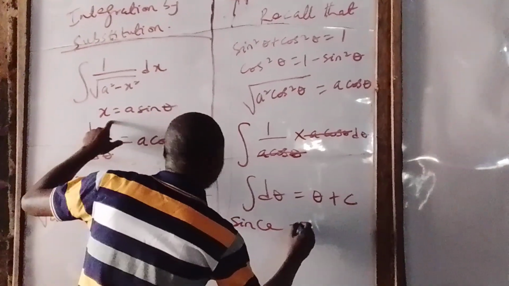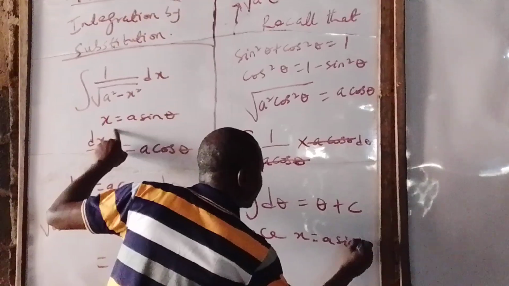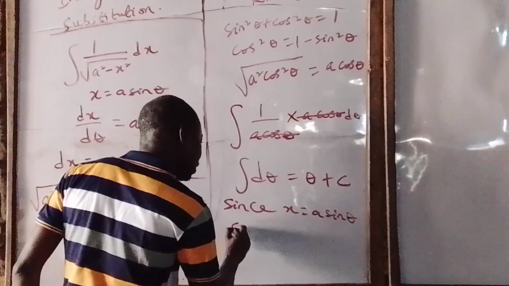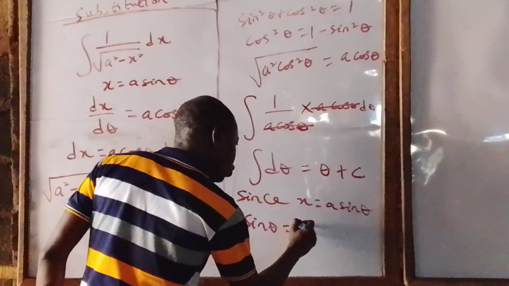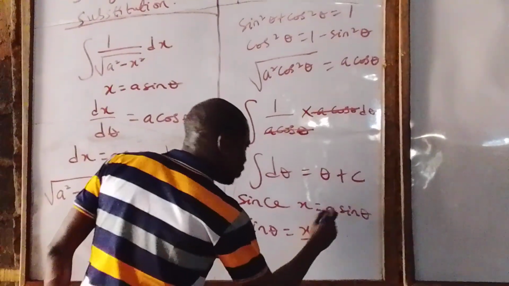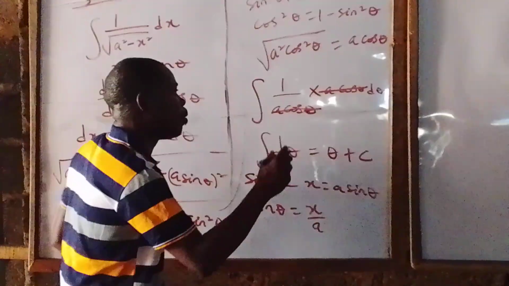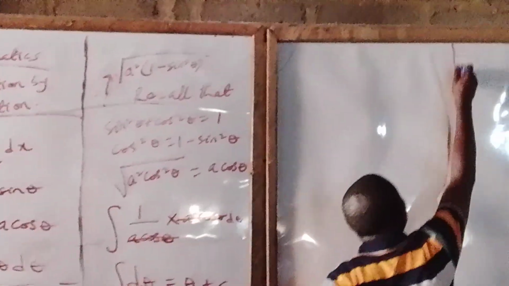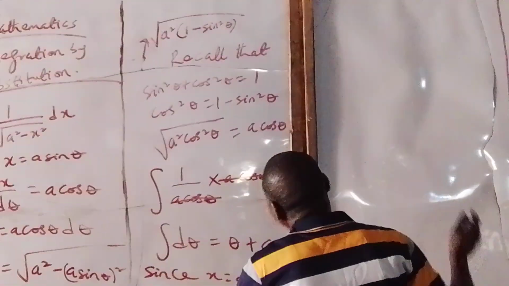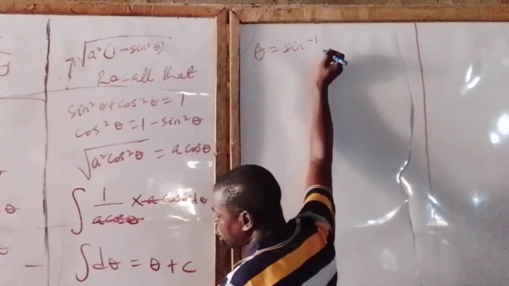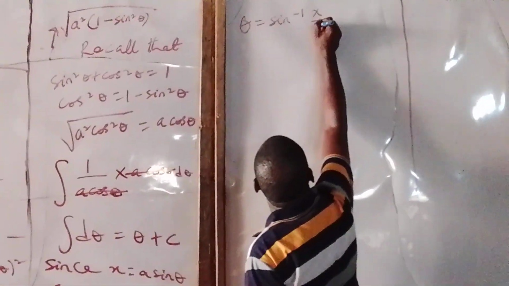Since x is equal to a sin theta, make sin theta the subject of the relation. Sin theta is equal to x over a. So if I want to find theta, theta is equal to arc sine, which is also sine inverse, of x over a.